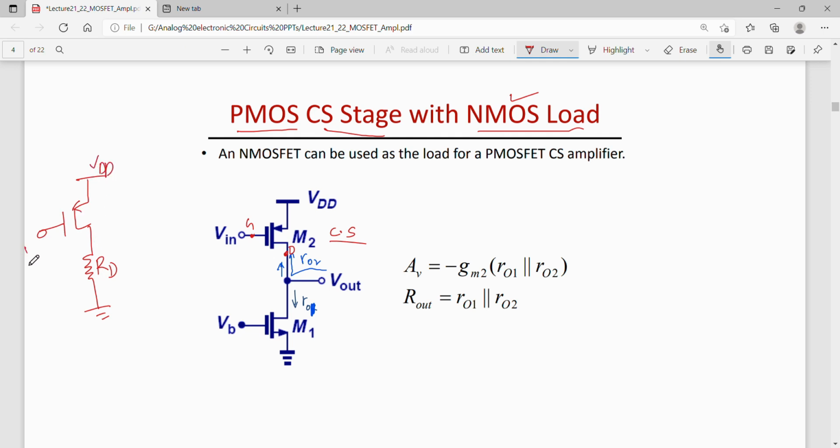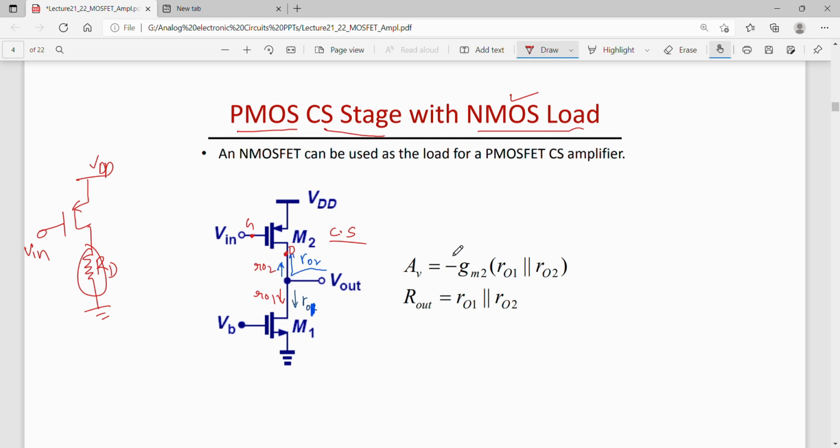So instead of this RD, M1, that is an NMOS, is acting as a load to this common source amplifier using PMOS. Now again the gain of this circuit can be found, knowing that the impedance looking into the drain of M1 is RO1, and the impedance looking into the drain of M2 is RO2.